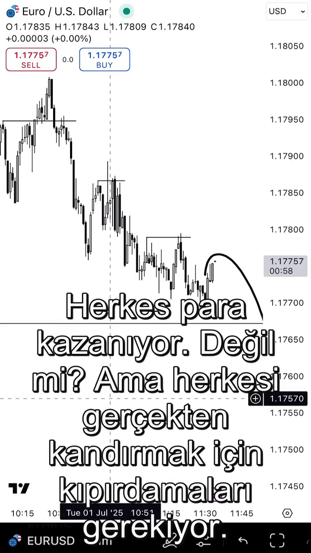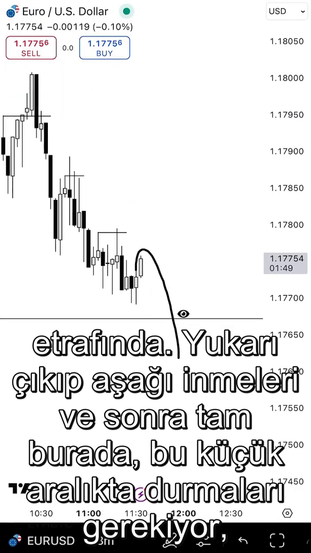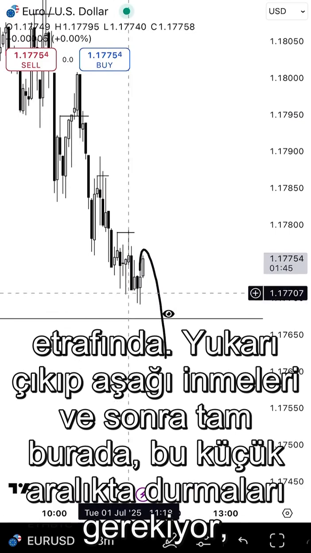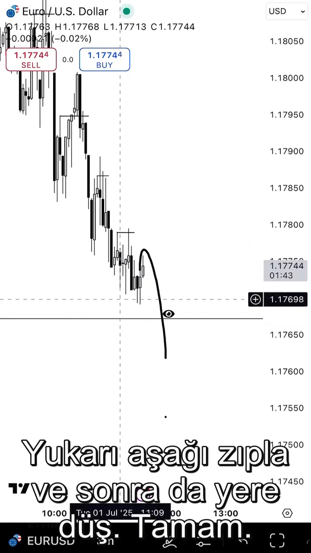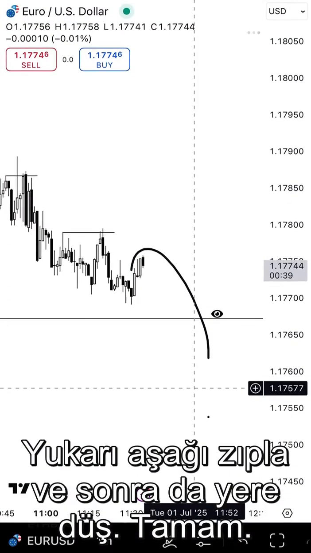Everyone makes money. Right? But in order to truly screw everyone over, they need to wiggle around. They need to go up and then down and then stop right here in this little range, bounce around up and down, and then dump. All right?